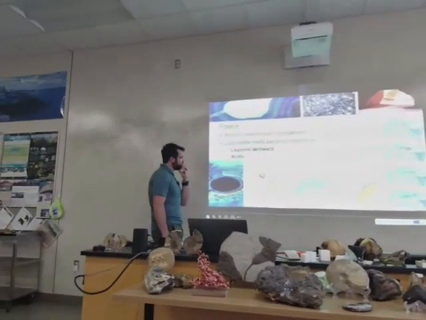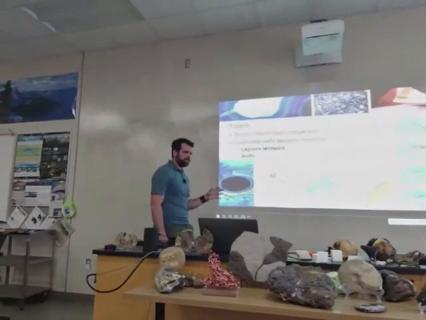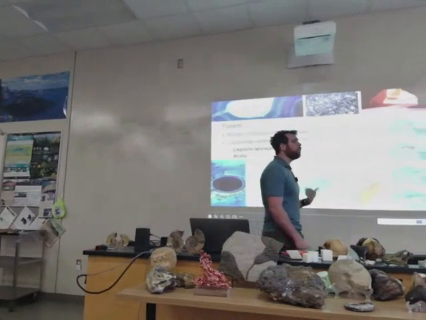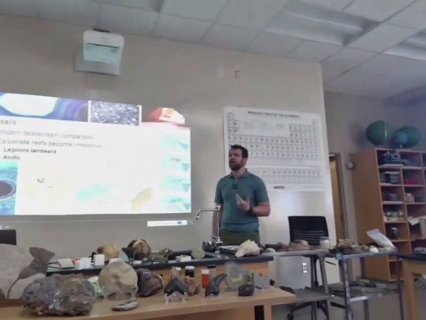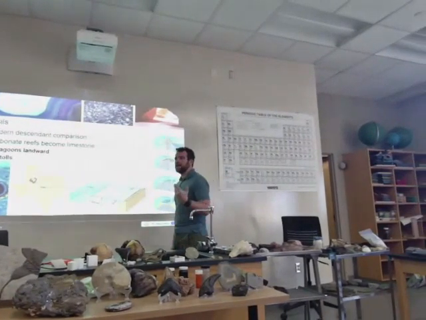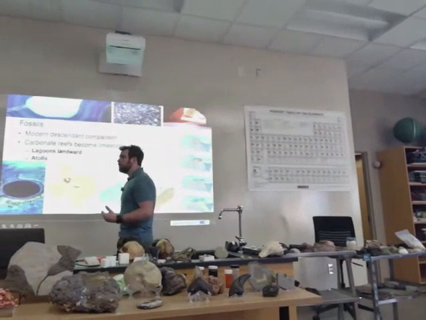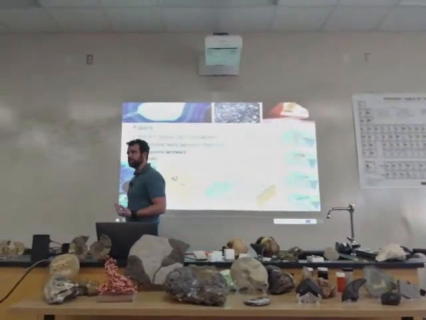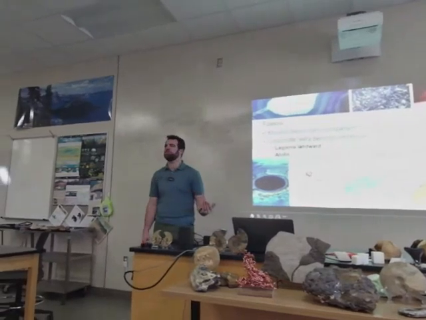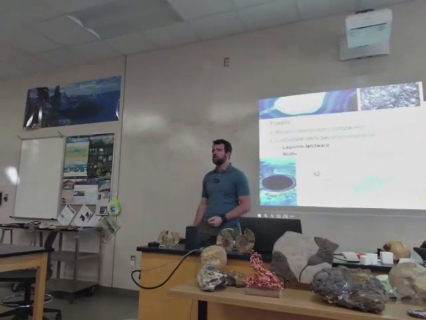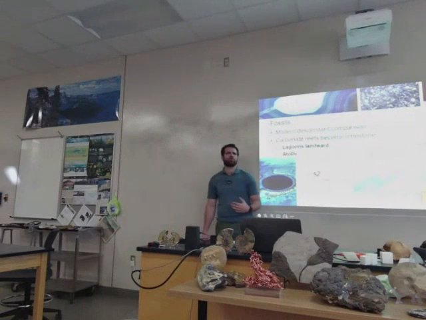Now, some form of reef system is typically what we find large groups of fossils having lived in. A reef is a community, and a community is a group of populations within a given area. So today, when you look at a coral reef, what do you see?